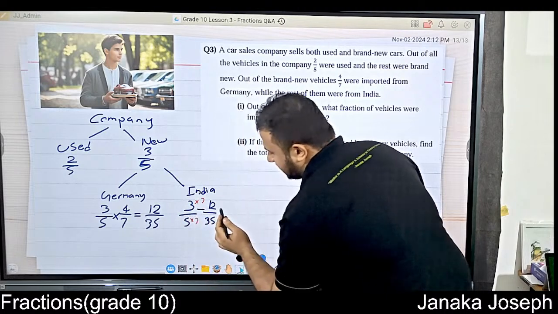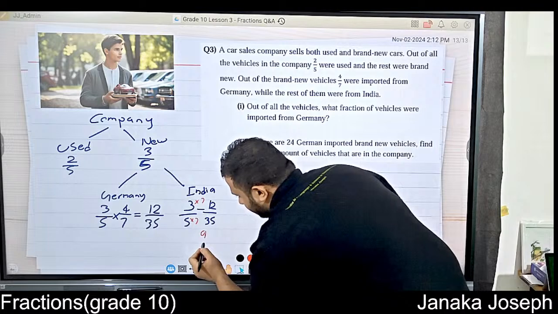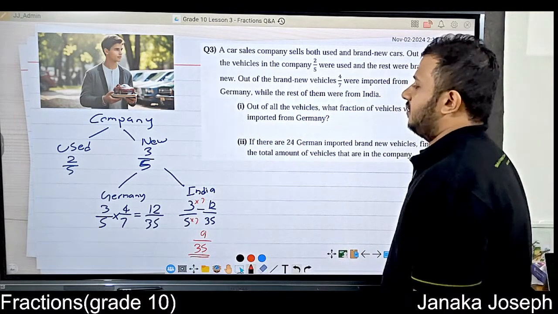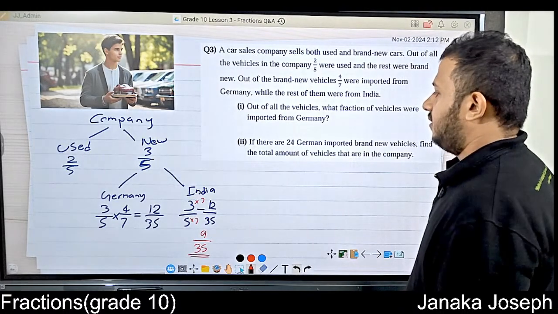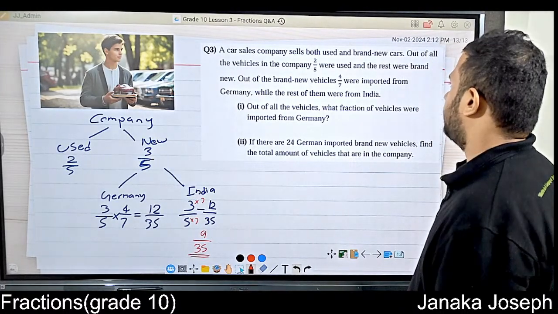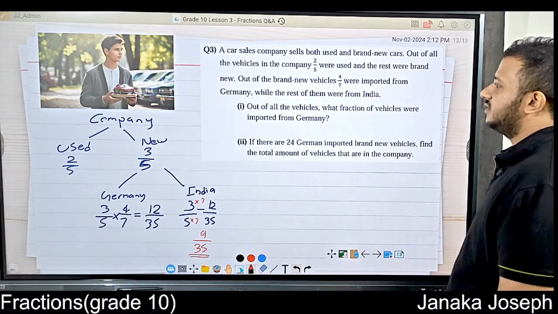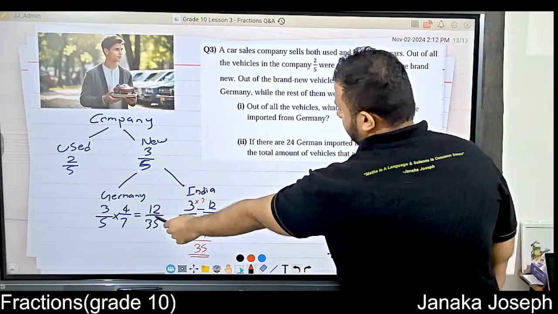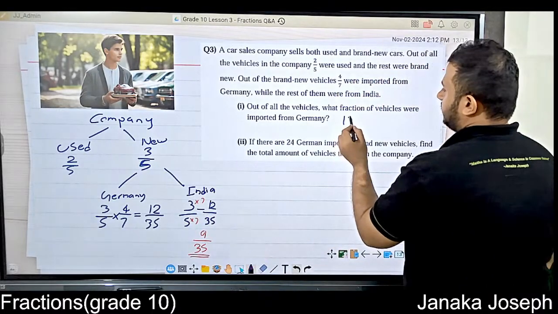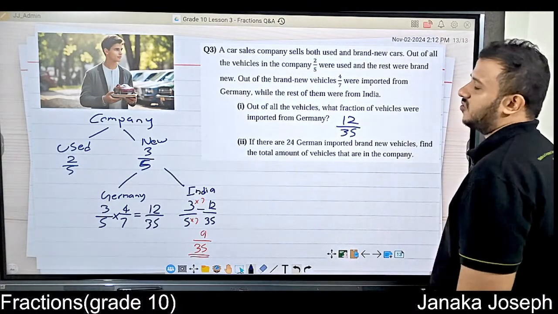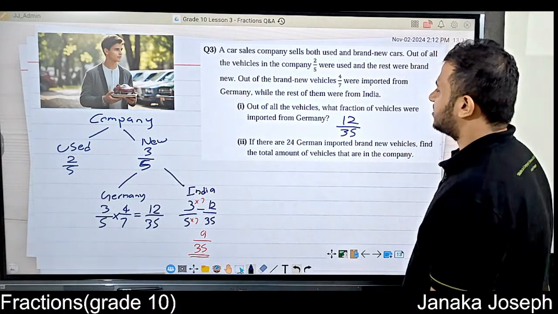It's going to be 21 minus 12, which is 9. 9 out of 35 is from India. Out of all vehicles, what fraction of vehicles were imported from Germany? 12 out of 35. Once you draw a small table or a small diagram like that, these questions are 1000 times easier.